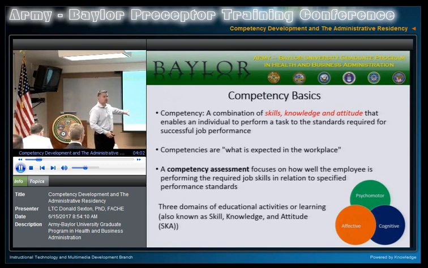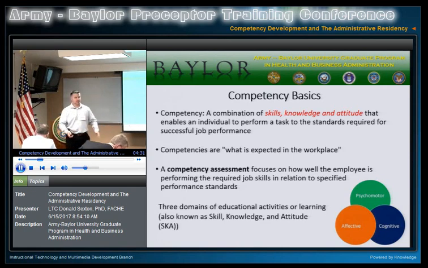These competencies are what's required in the workplace. We define them there, so every role should have skills, knowledge, and attitudes required of the role. When you hire people, you're hiring toward that, or training them up so they have the right skills, knowledge, and attitudes. You can do a competency assessment based on these known skills, knowledge, and attitudes.